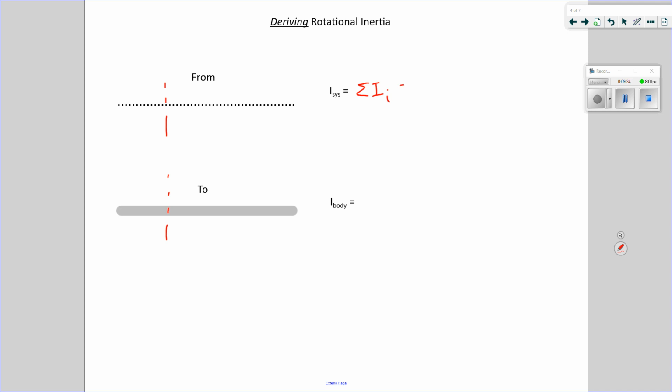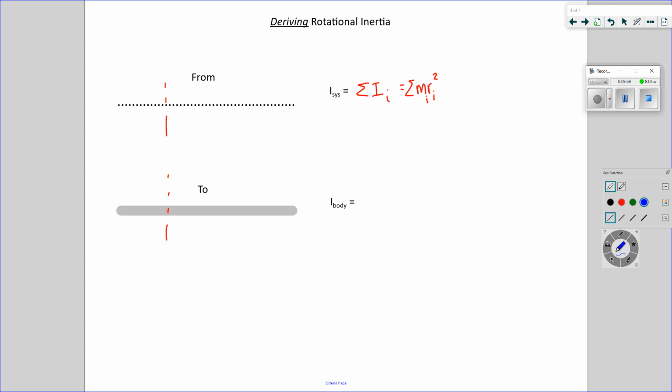In this case, because these things are point masses, that's going to be mr squared, and it's the sum of all the combinations of that.